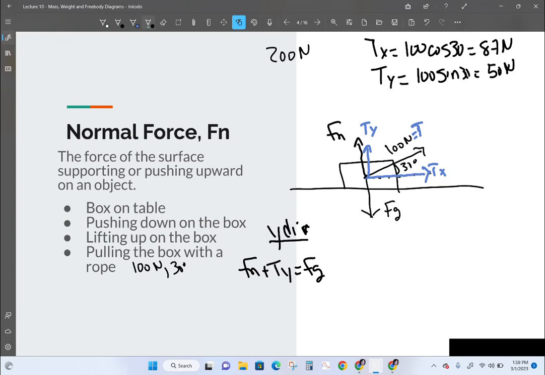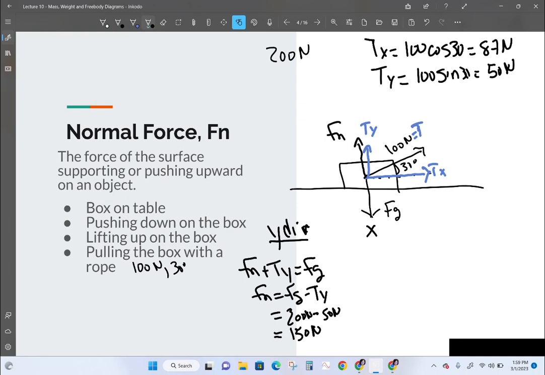So the normal force is going to be equal to Fg minus Ty, or 200 newtons minus 50 newtons. So the table only has to support 150 newtons.